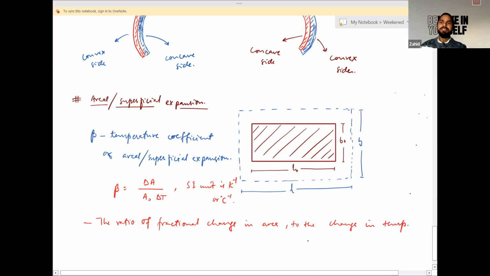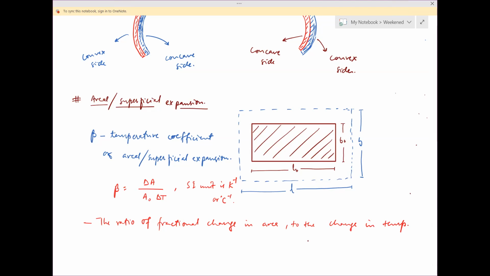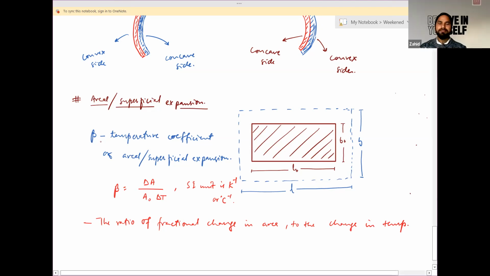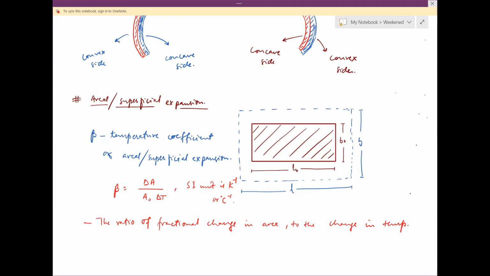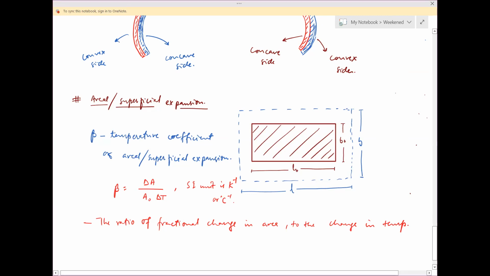Is it clear till this part? Yes. Saifullah, any doubt? How do we pronounce this symbol? Beta. It's beta, a Greek alphabet. Okay. Just write it down till this part.